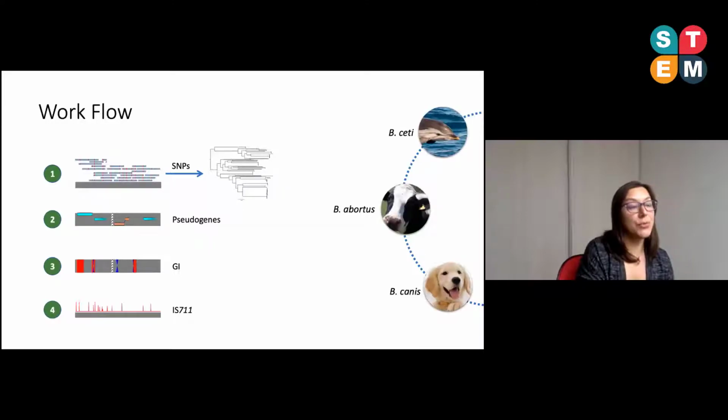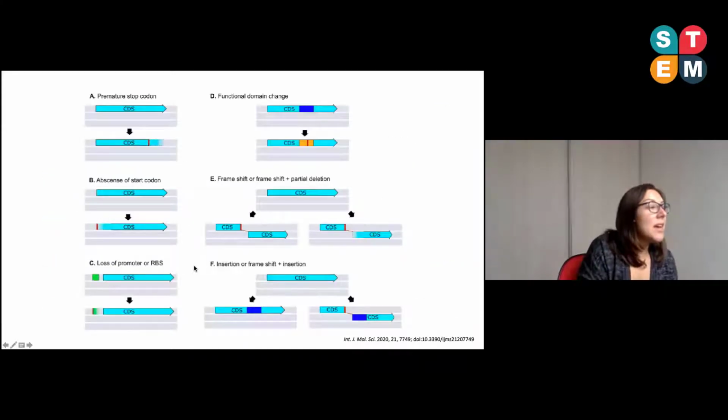And we performed this individually for the three species, Brucella ceti, abortus, and canis. I'm going to tell you why and explain a little bit more of each one of them following here. We looked for the pseudogenes because they provide information of evolution.